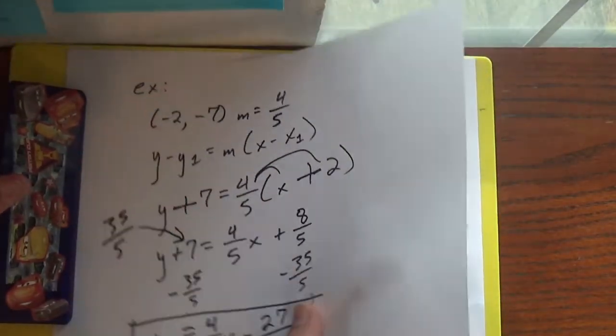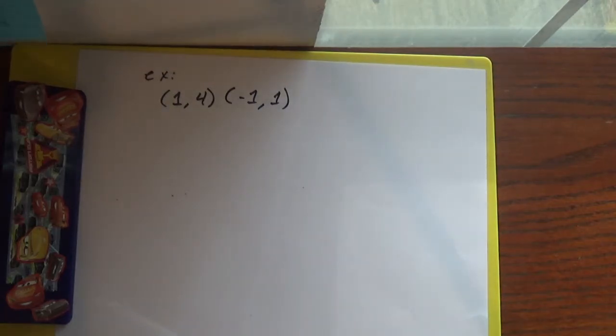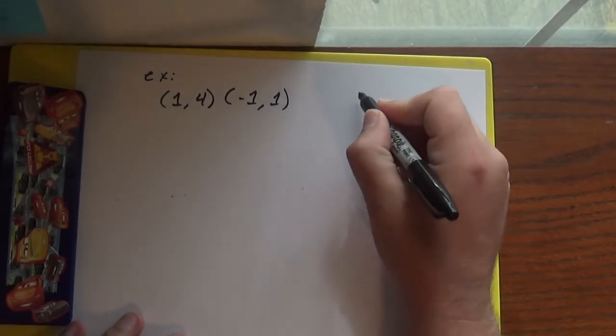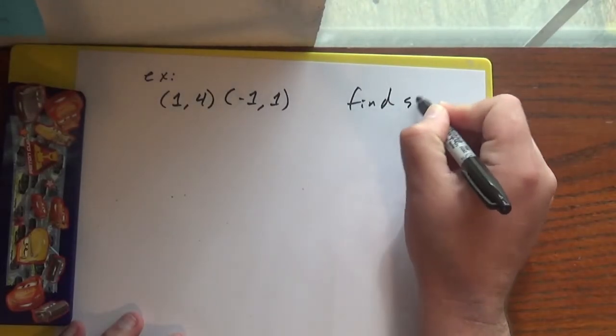Now, the other version, they like to do this quite a bit. They'll give us 2 points. So I said we use this when we have a point and a slope. We have 2 points, no slope. So the first thing I need to do is find slope.